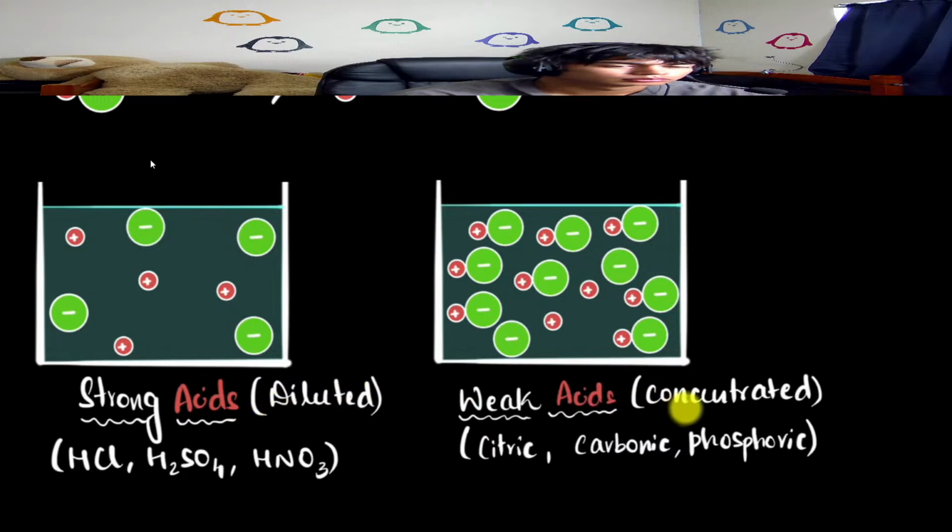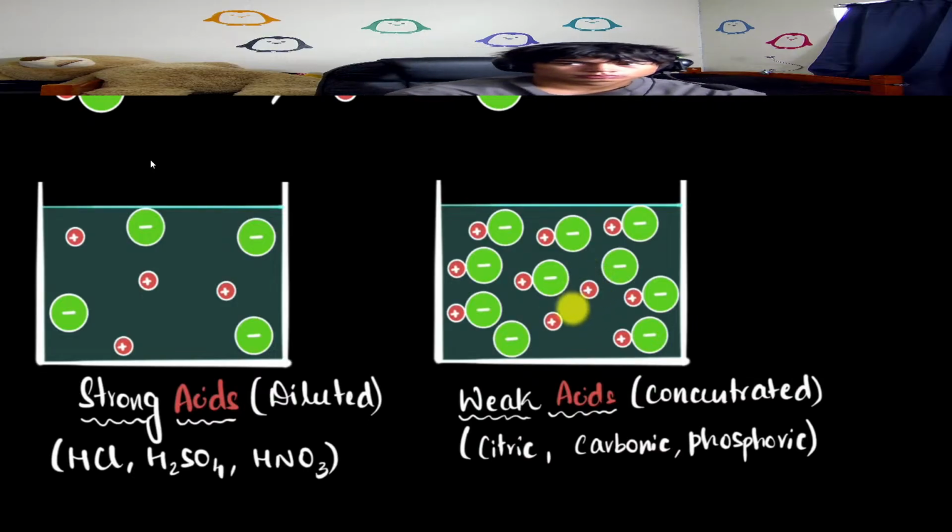So notice I can have a concentrated weak acid, but even in that case, because it's very partially dissociating, the dissociation percentage is usually around 5-6% or something, I won't have a lot of H+ ions over there. So nothing much is going to happen. It's not that harmful. But in strong acids, even if it's diluted, I can have a lot of H+ ions because 100% dissociation happens.